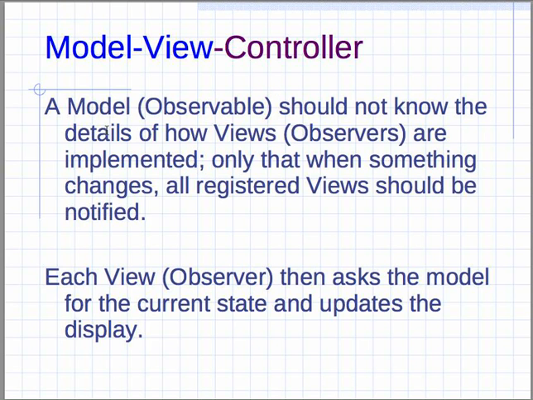Once again, a model or observable should not know the details of how views or observers are implemented, only that when something changes, all of the registered views should be notified. So you have to register views with the model. The model says update, and all the views are updated. Each view or observer then asks the model for the current state and updates the display.